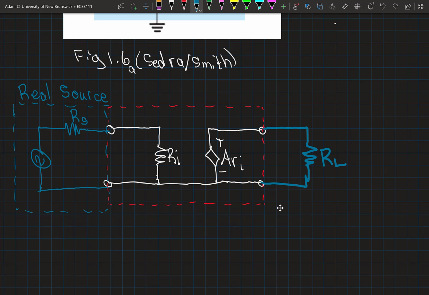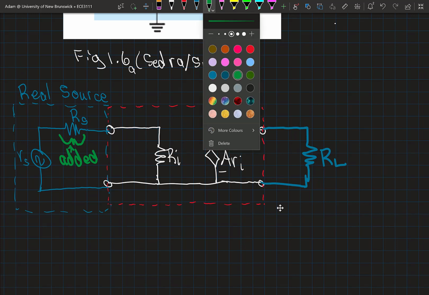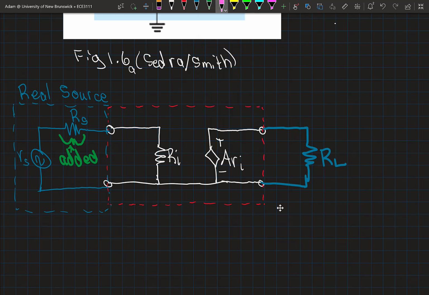And what changes that source from what we looked at last day, so I'm just going to label that lowercase v subscript s, and the component that's different here, maybe I'll highlight this in a different color, is that we added this source resistance here.